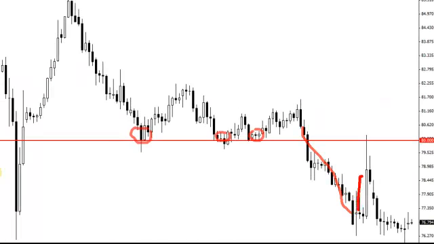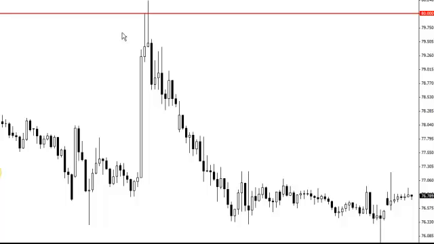Then prices come back up to retest. If we go back to the 4-hour chart, prices retested and were rejected, and that's when this 4-hour pin bar formed. The pin bar is telling us that price has rejected and that previous support has held and has now turned into new resistance. That's important: previous support has turned into new resistance.